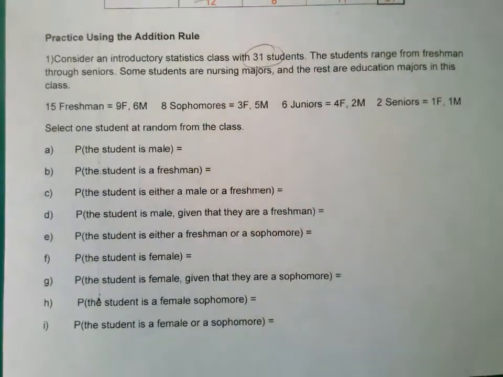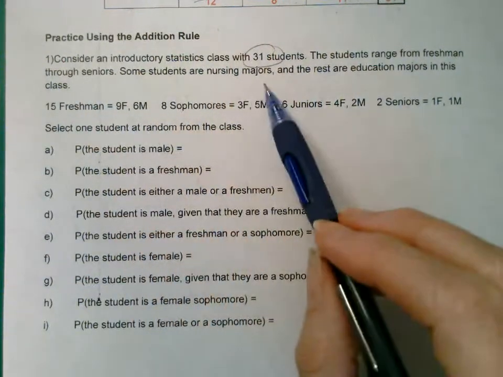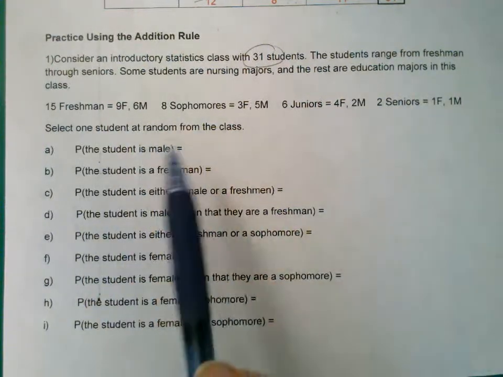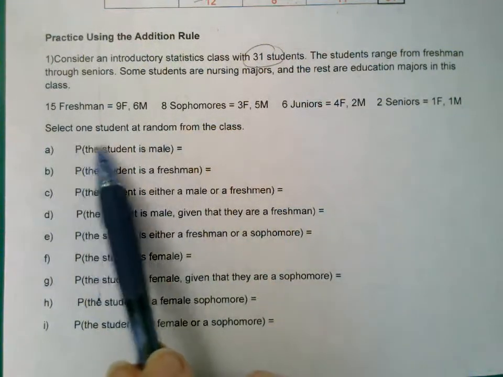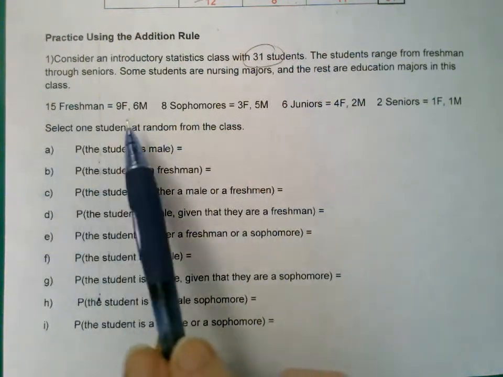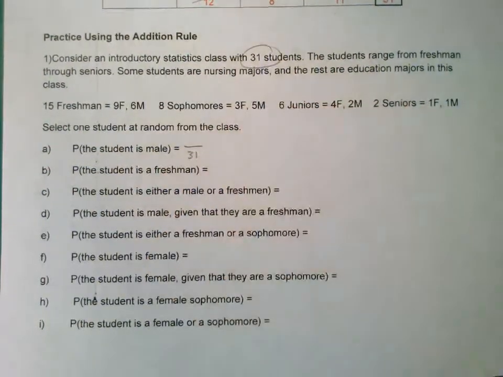It says there are 31 students. Students range from freshman through senior. Some of the students are nursing majors and the rest are education majors in this class. So select one student at random from the class. If we select one student at random from the whole class, we need to know how many males are in this class.